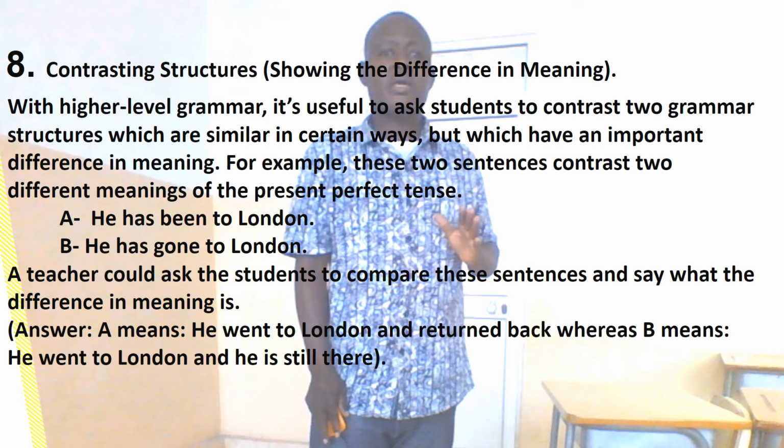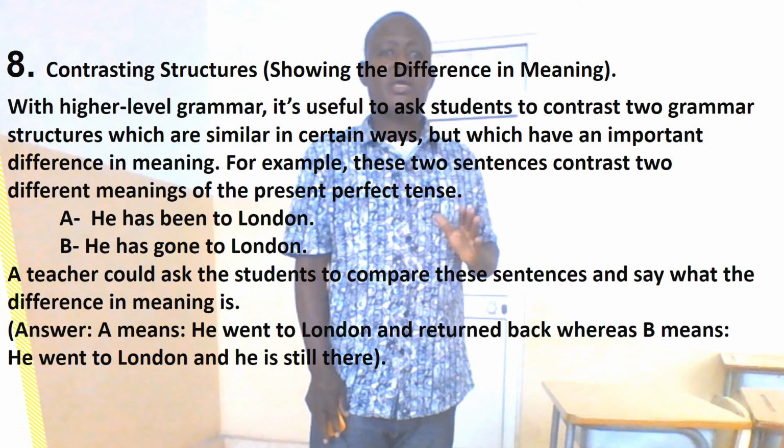8. Contrasting structures, showing the difference in meaning. With higher level grammar, it's useful to ask students to contrast two grammar structures which are similar in certain ways but which have an important difference in meaning. For example, these two sentences contrast two different meanings of the present perfect tense.